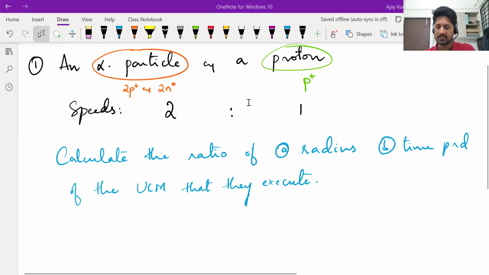Any answer, anyone? I got one answer for the ratio of radius as 1:2. We'll see. Another answer as 1:1. Okay.